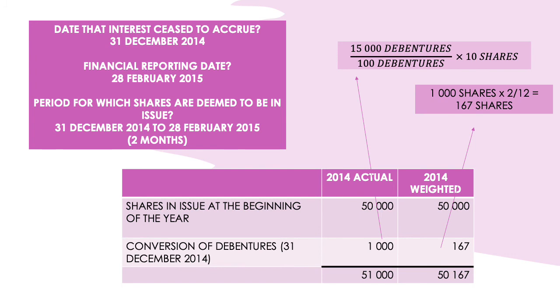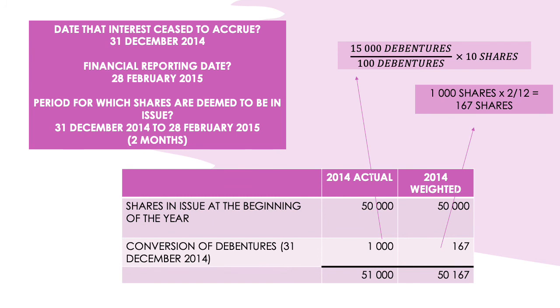We know that the financial reporting date is the 28th of February 2015, and therefore the period for which the shares are deemed to be in issue goes from the 31st of December 2014 until the 28th of February 2015, which is a 2-month period. So that means the debentures need to be time-weighted by a factor of 2/12.